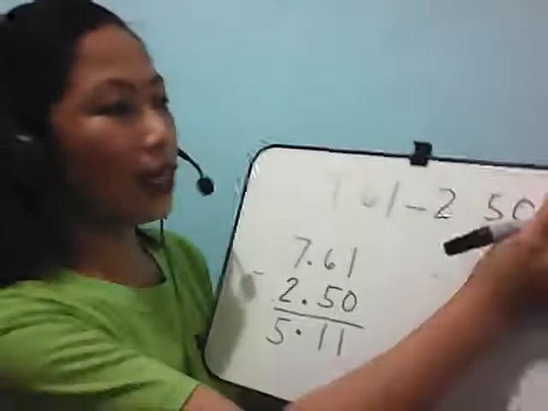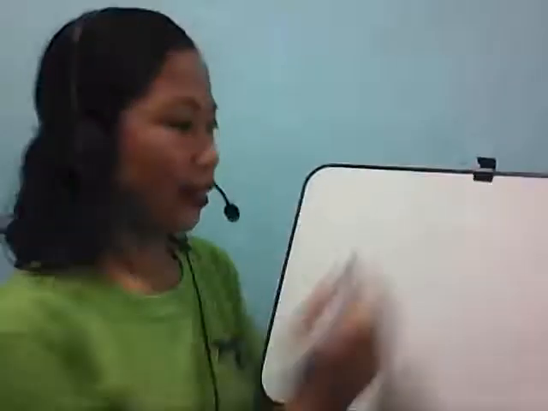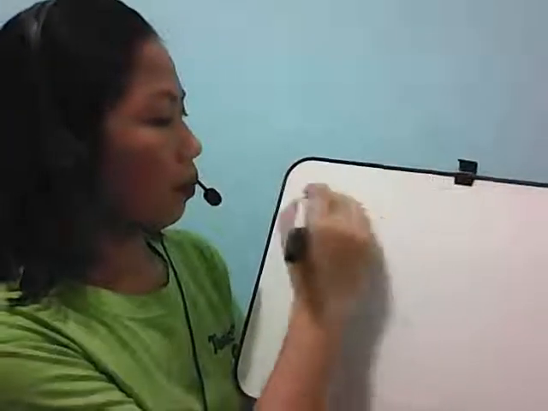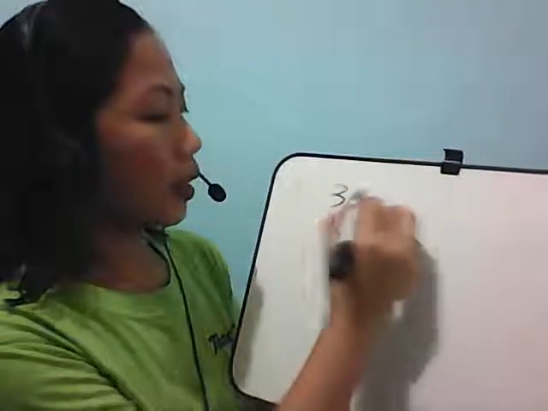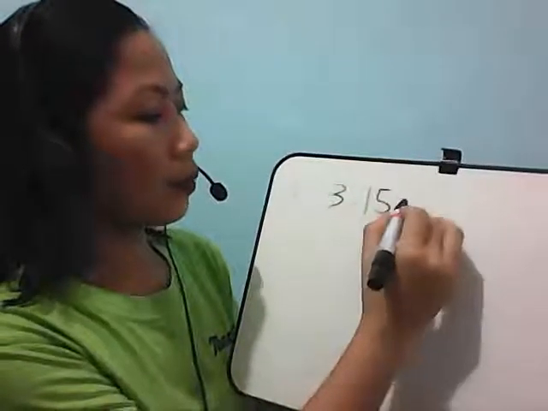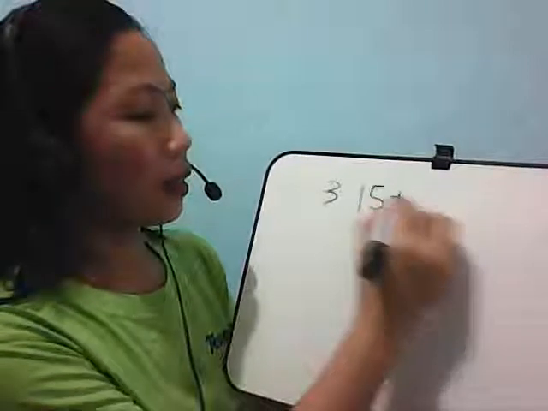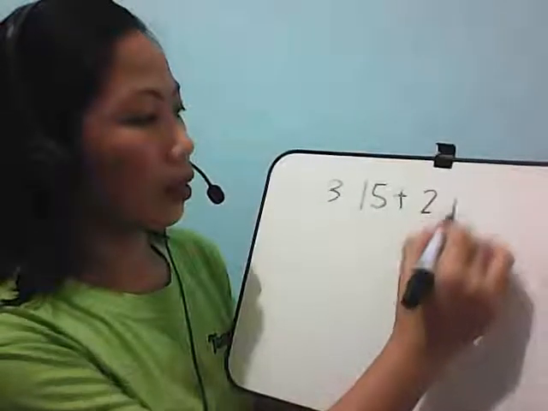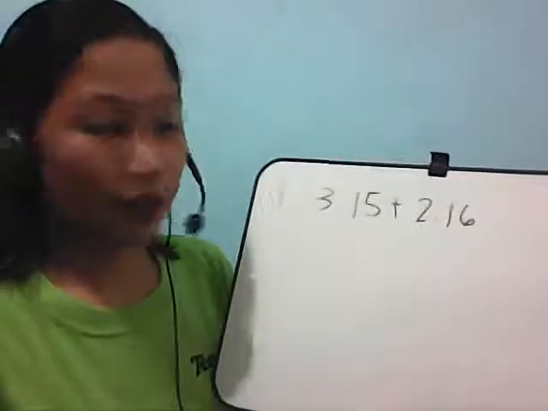Okay, so let us do a short quiz about this. Let's do first the adding decimals. All right. So number one, 3 and 15 hundredths plus 2 and 16 hundredths.